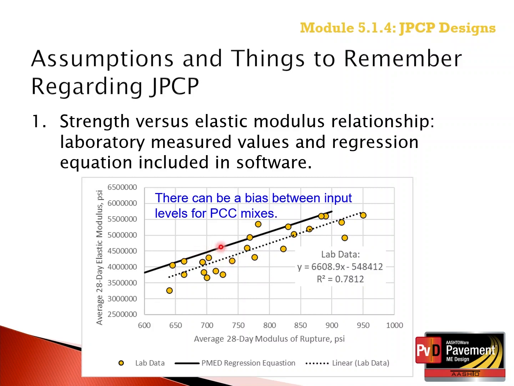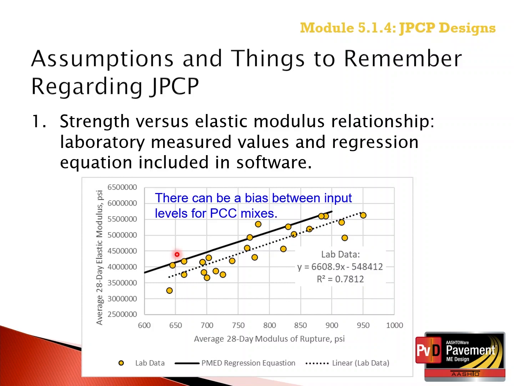If the concrete strength elastic modulus relationship embedded in the software was used for calibration, in other words, the user is entering the modulus of rupture and having the software calculate the elastic modulus, then that relationship should be used for design.